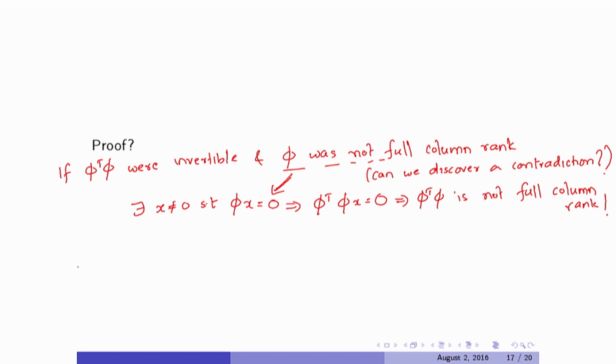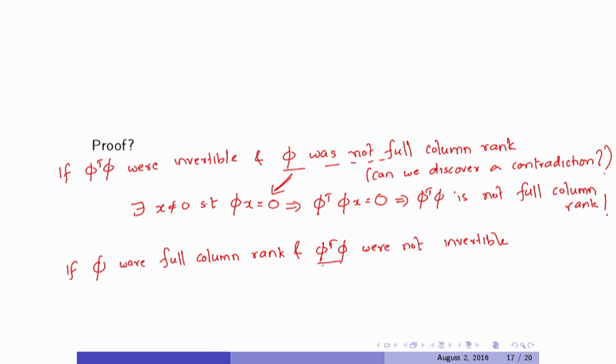We can similarly prove the other part. If phi were full column rank and phi transpose phi were not invertible, what would happen?